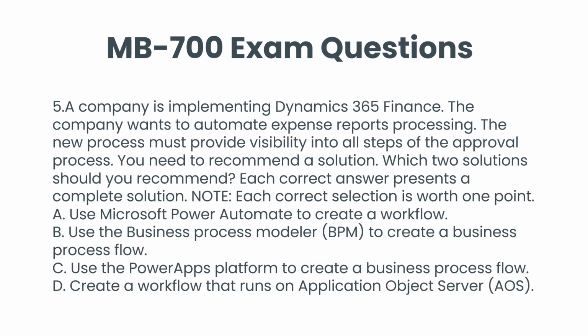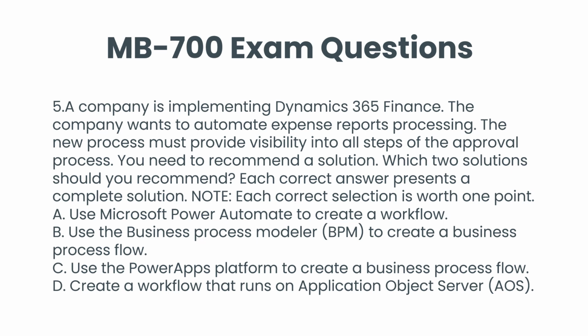5. A company is implementing Dynamics 365 Finance. The company wants to automate expense reports processing. The new process must provide visibility into all steps of the approval process. You need to recommend a solution. Which 2 solutions should you recommend? Each correct answer presents a complete solution. Note: each correct selection is worth 1 point.